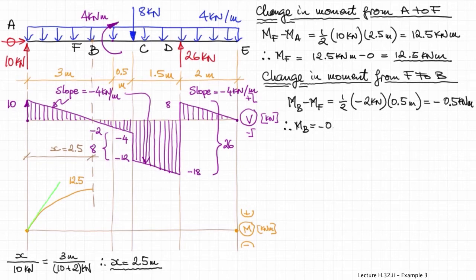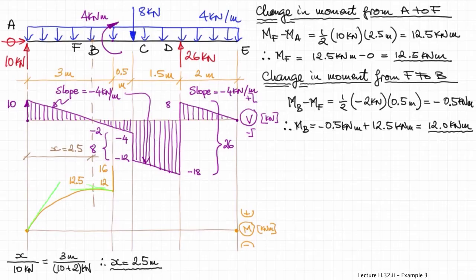So the slope at F of the bending moment diagram is 0, and then the shear force becomes negative, so the slope of the bending moment diagram will slowly become negative. So again, 0 at F and slightly negative slope at B, where the value again is 12 kilonewton meters.